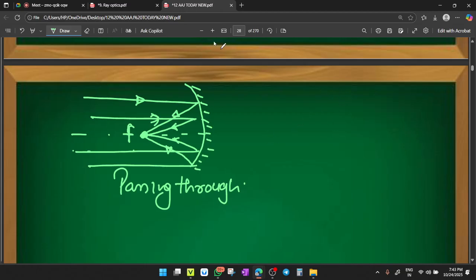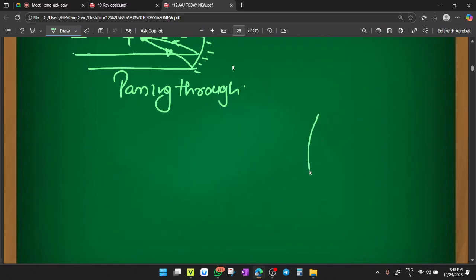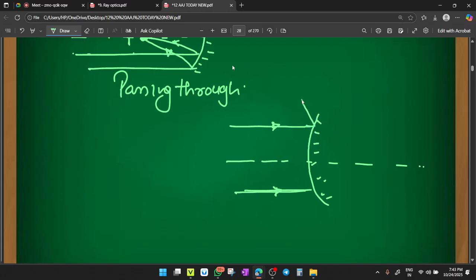But in the case of a convex mirror, the rays appear to meet at some point. Yes, this is the principal axis. Now the parallel lines are here, parallel to the principal axis. Now the reflection happens. So what will happen? The light will diverge like this.